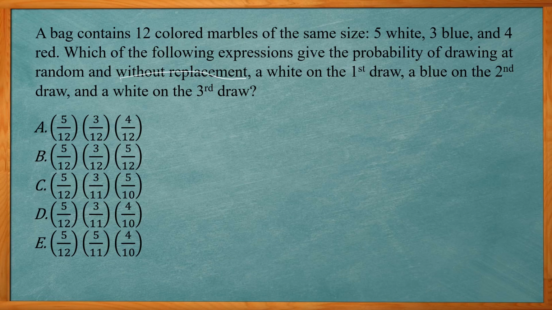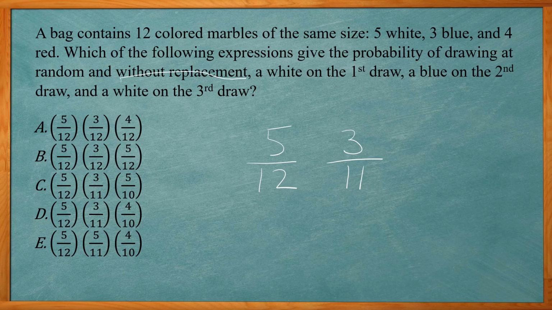On the first draw, you have all the marbles still on there. So on your first draw, you're going to have a white one. So we have 5 white out of 12. Okay, in your second draw, you're going to have one less marble overall. So you have 11. You have one less white one. But your second draw is going to be blue. So we have 3 blue to choose from out of 11.